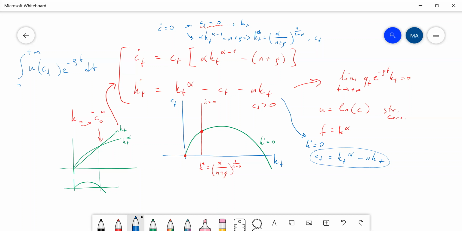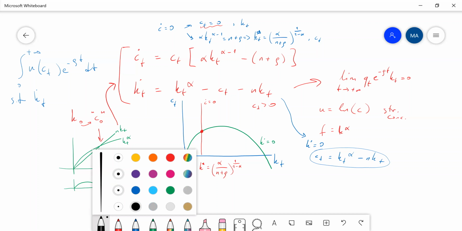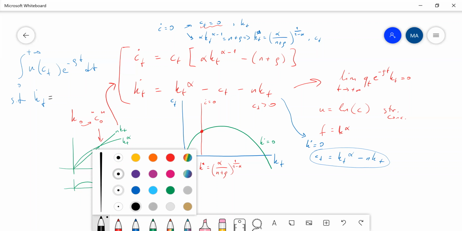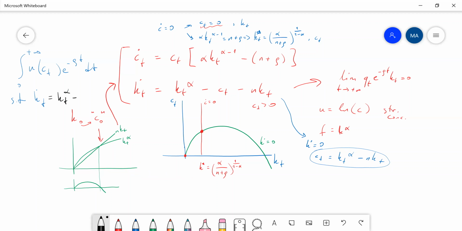And the constraint is this: subject to k dot t equals k_t to the alpha minus c_t minus n k_t.